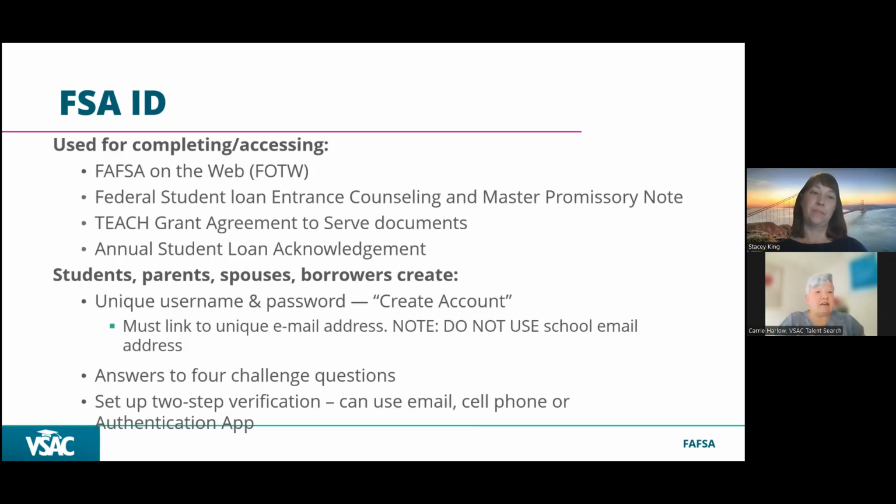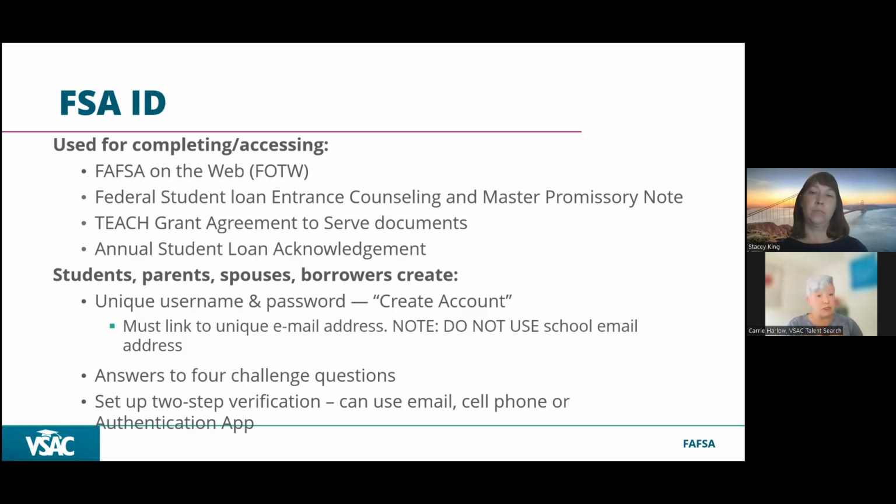The key to filling out the FAFSA is this thing called an FSA ID. It is basically an electronic signature. It's used for completing and accessing the FAFSA on the web, as well as federal student loan entrance counseling and the master promissory note, the TEACH Grant Agreement to Serve documents, and there's an annual student loan acknowledgement that's available online that students can use their FSA ID to access and track how much student loan they have at the current time.